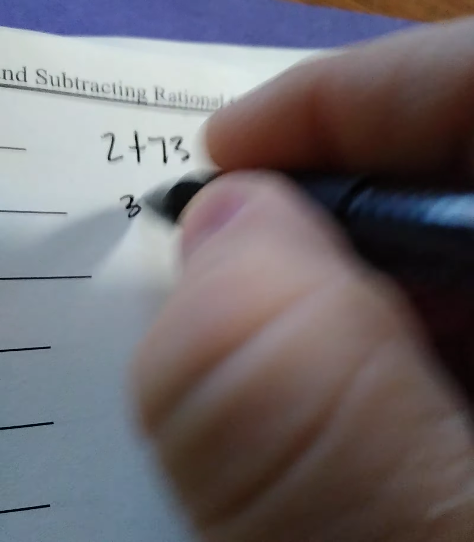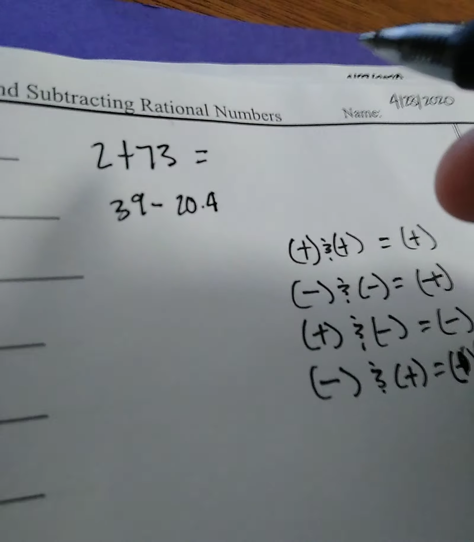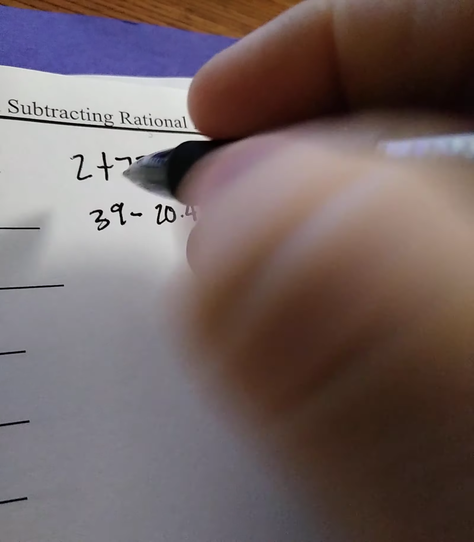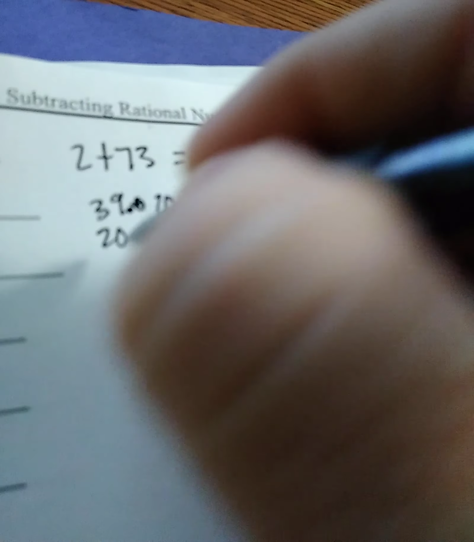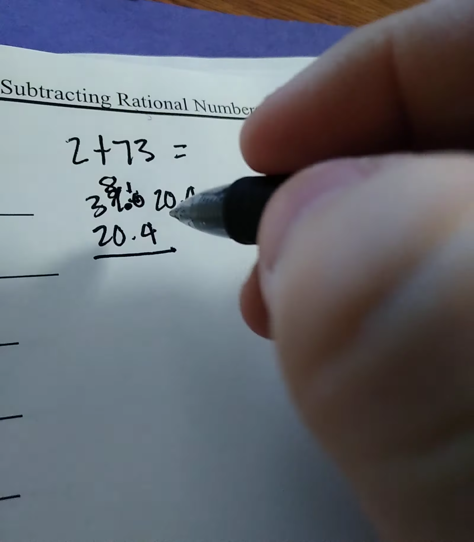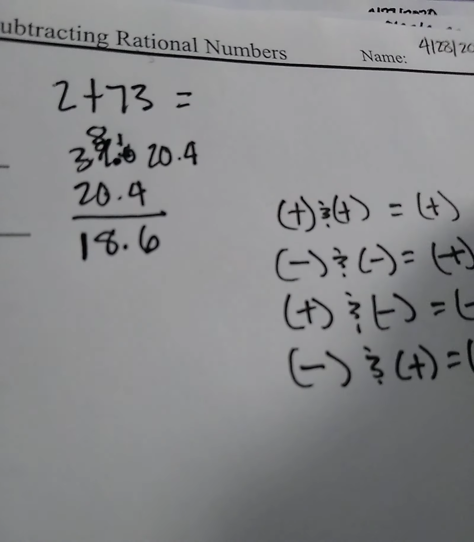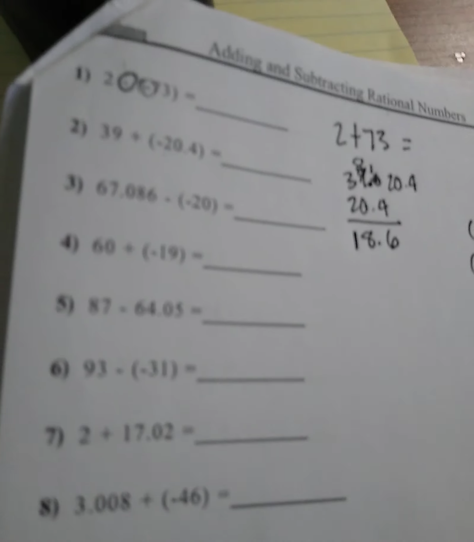You would subtract this: you can write 39.0, 4 minus 0, you have to borrow, so 10 minus 4 is 6, 8 minus 0 is 8, 3 minus 2 is 1. So your answer is 18.6, all right, so that's how you do that.